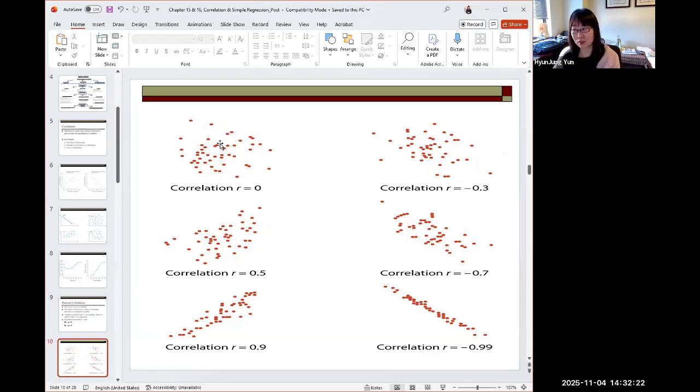The correlation is zero. And then maybe right here, it's more consistent, but it's negative, so the correlation value is negative, and it's 0.7. Let's look at this one. The negative, and the actual correlation value for this scatter plot is 0.99.